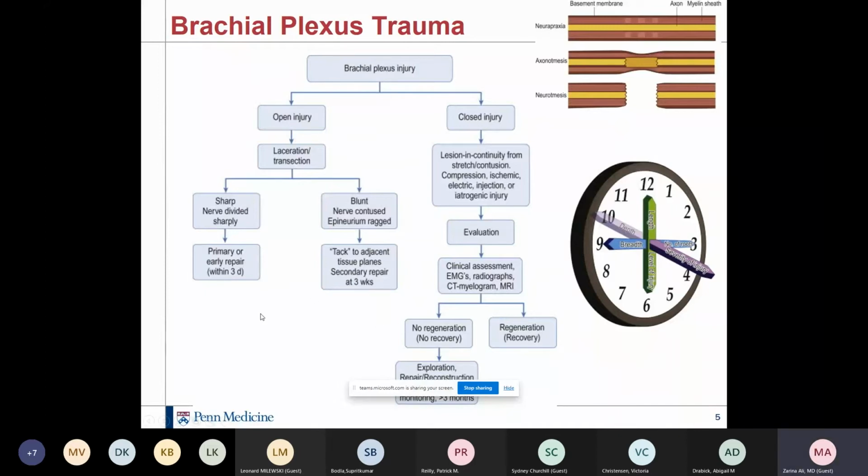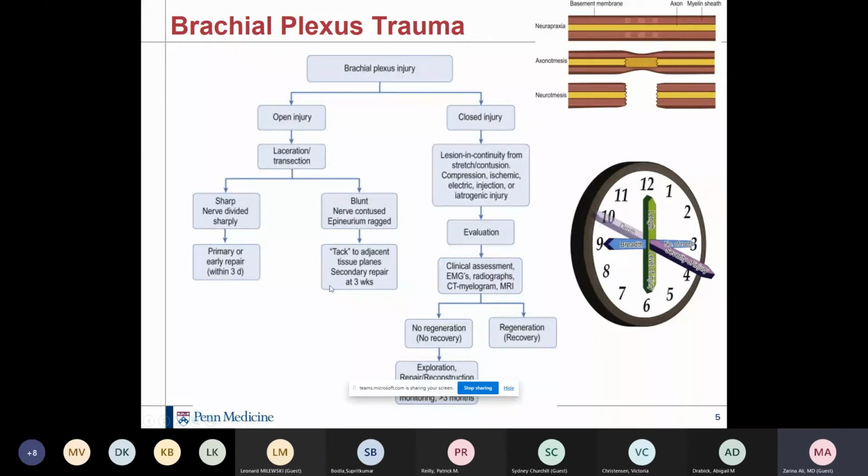The reason you don't want to repair these injuries acutely is that, with a ragged and blunt type of laceration, we know that there is trauma right at the site of the jagged edge and distal and proximal to that. So we don't want to repair an end-to-end nerve that is not healthy.